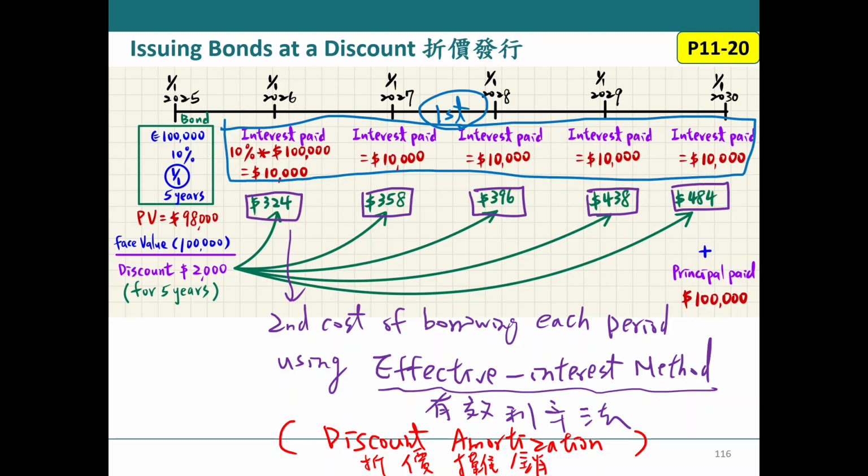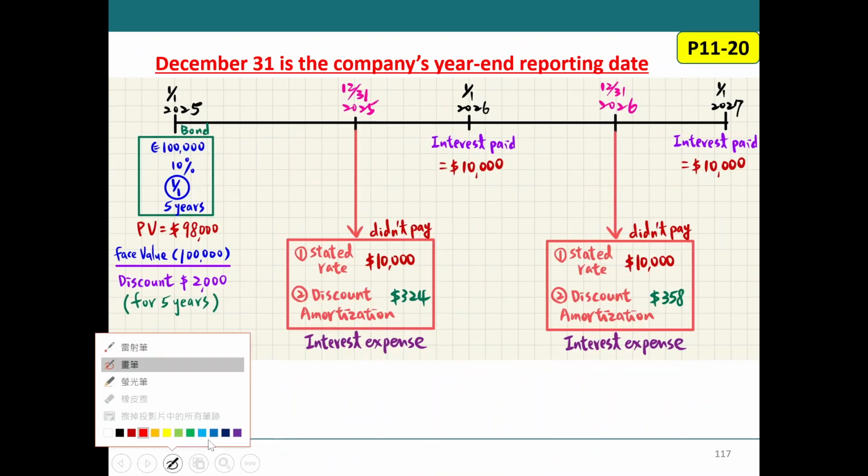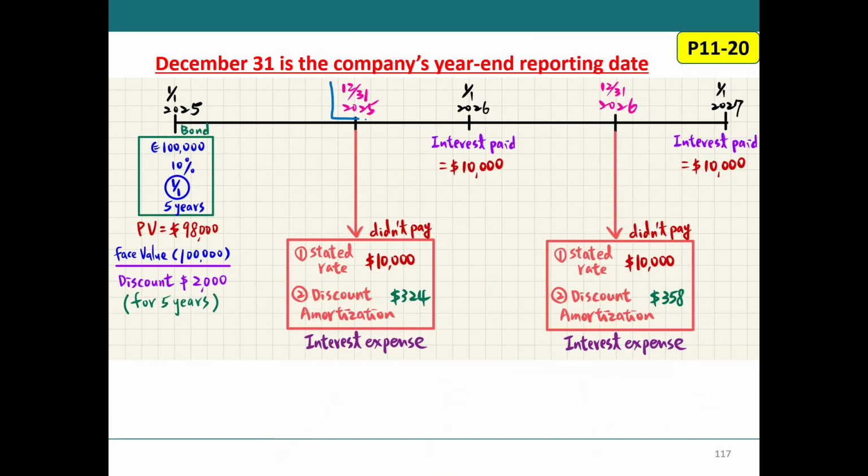So let's look at the first period. Before we pay it, we have the financial statement first. So we have to record this situation on December 31st. This is your financial statement date. We record what happened, right?